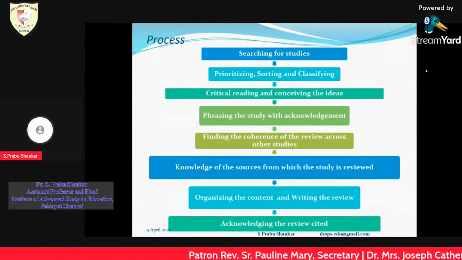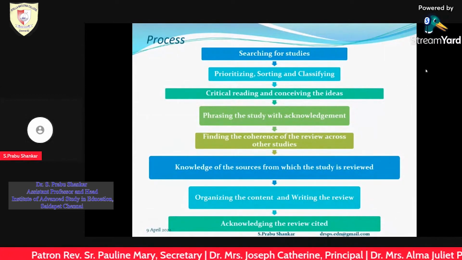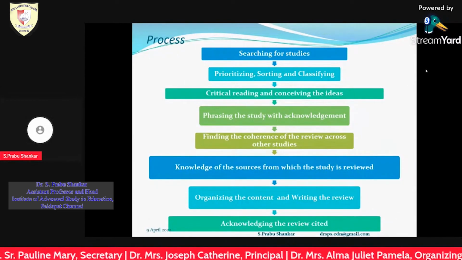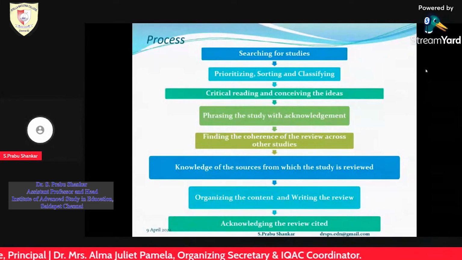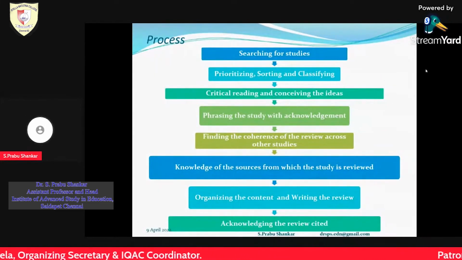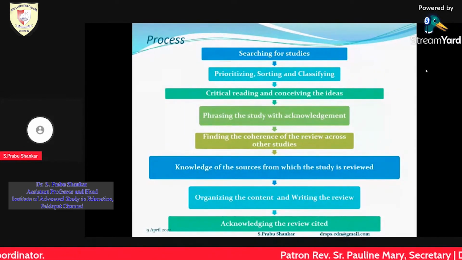They review one study for which they give acknowledgement in the second chapter, and the remaining aspects, like the second para, third para, or the second part of the same review, would be taken from other studies, but they would not be acknowledging. This would be easily found out in the plagiarism check. So you should not do that.